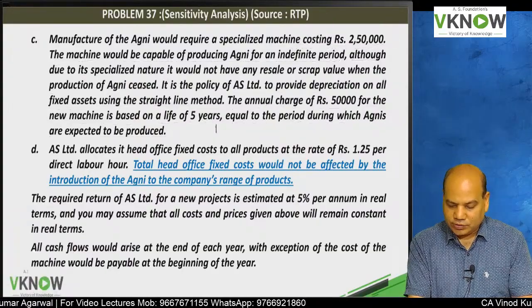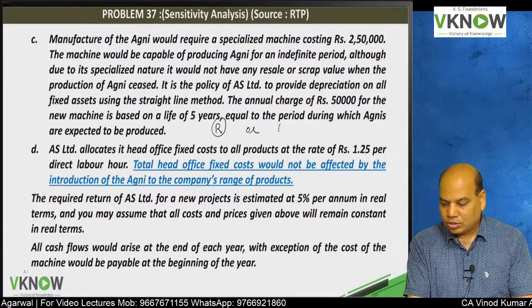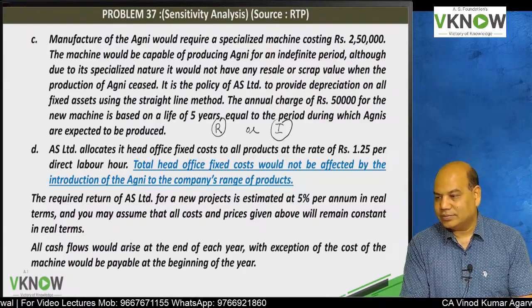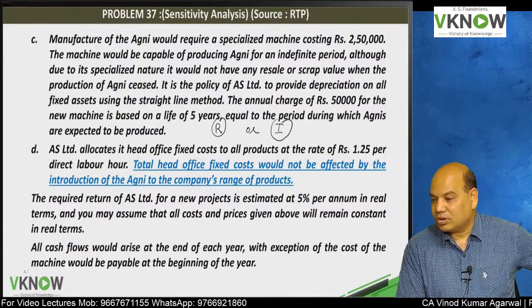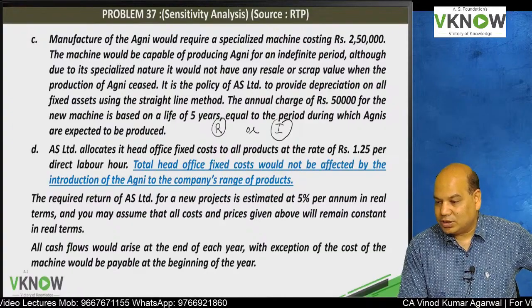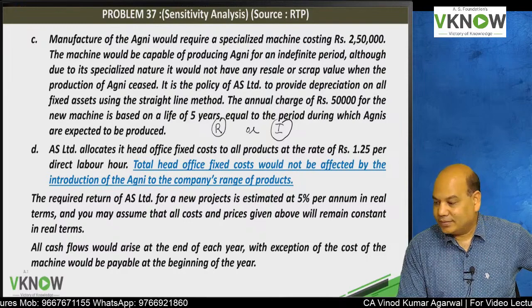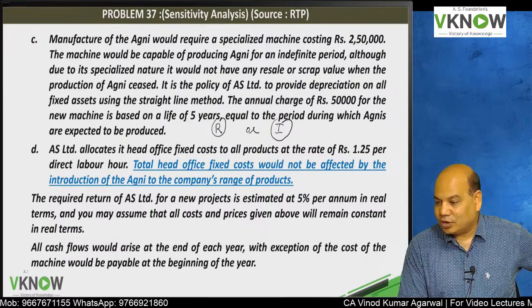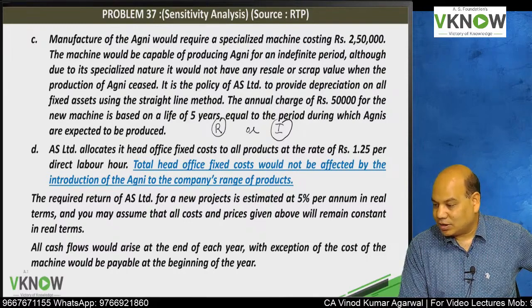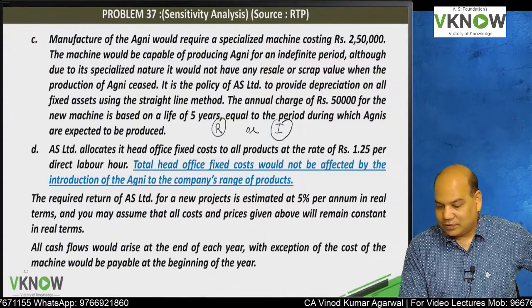Again my question is, relevant or irrelevant? Depreciation. Come on quickly. You don't have to think. I am not asking you a formula to develop rocket science. So the student is saying relevant.